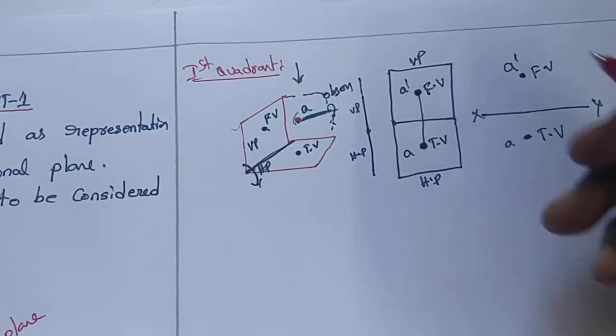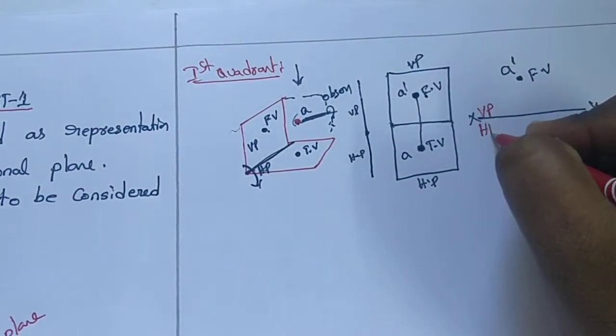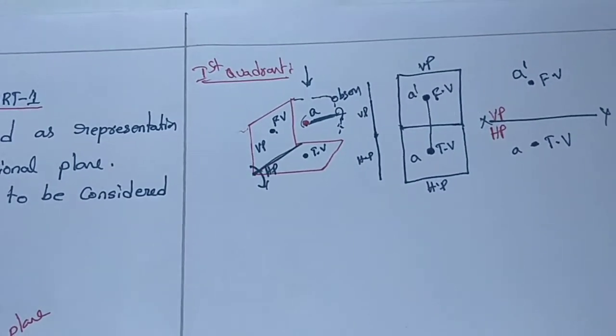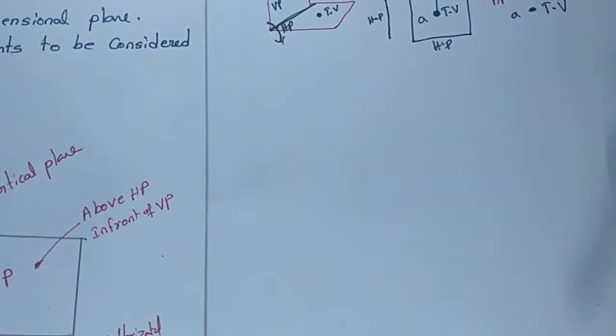Above the reference plane is the vertical plane and below the reference plane is the horizontal plane. Next, similarly, we need to draw the second quadrant.